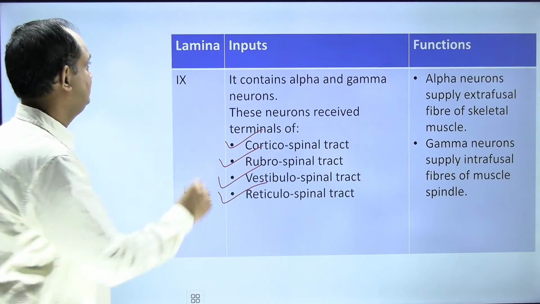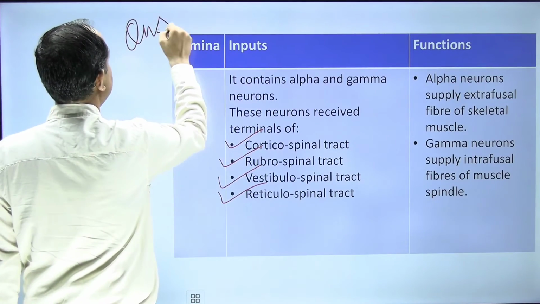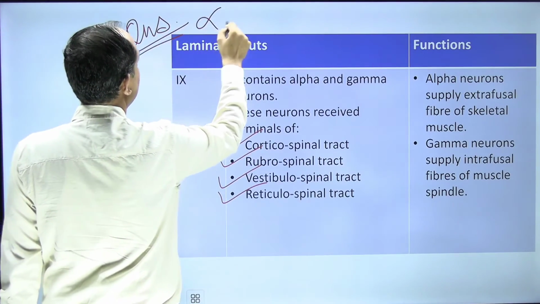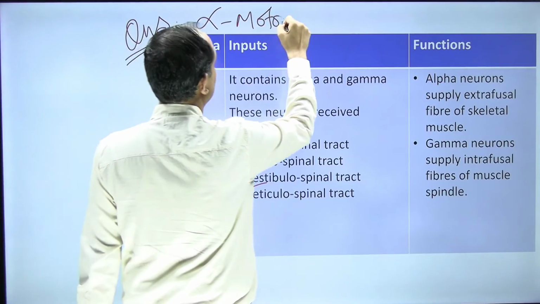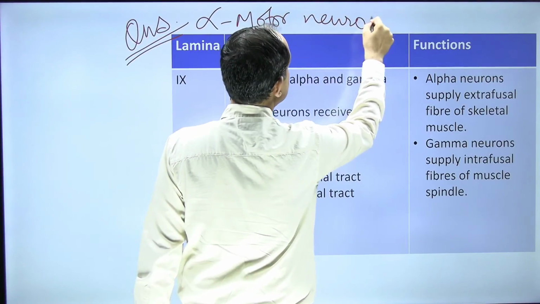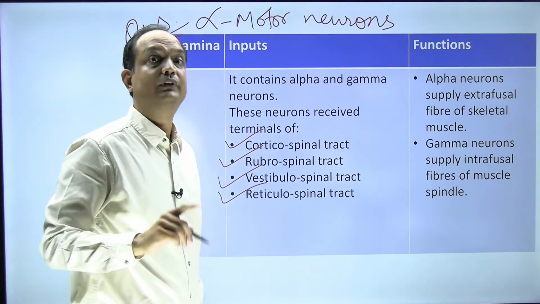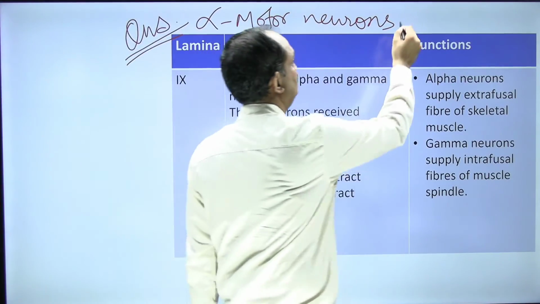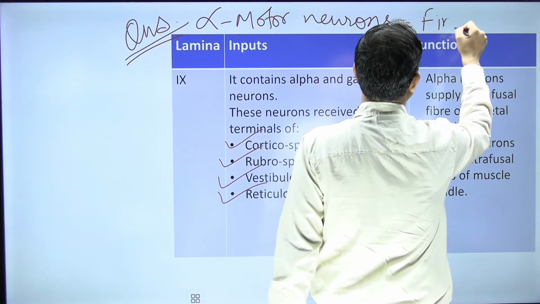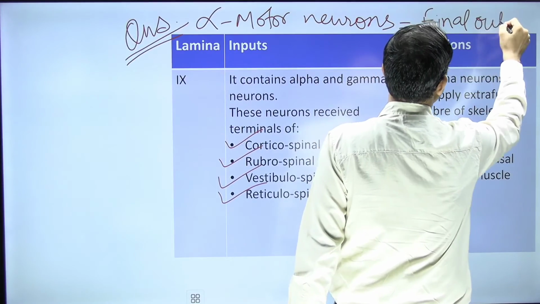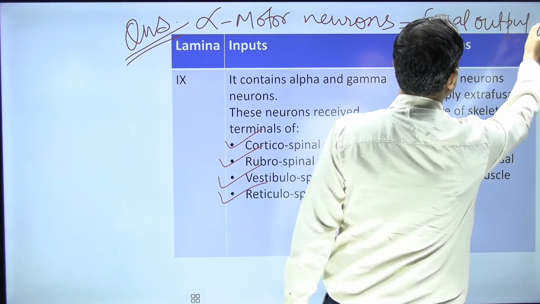Clear? This question has been asked so many times: the alpha motor neuron is also known as the final output pathway of your spinal cord.